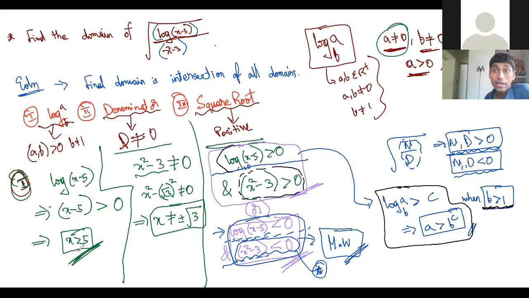But if x is greater than 5, then this does not make any sense because root 3 and minus root 3 are both smaller than 5. So this solution actually becomes redundant. Redundant means it is not useful. Why is it not useful? Because anyway x is greater than 5, right?